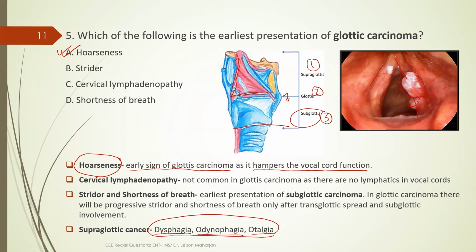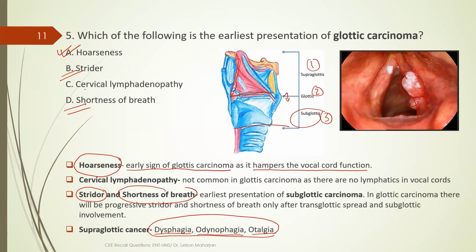Similarly, the question can be, which of the following is the earliest presentation of subglottic carcinoma? In that case, shortness of breath and stridor is the answer. The shortness of breath and the stridor is the early presentation of subglottic cancer.